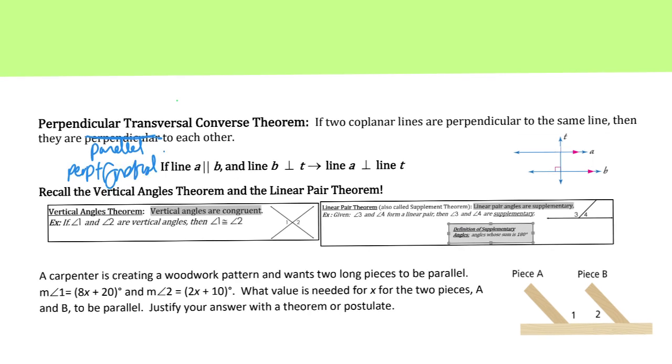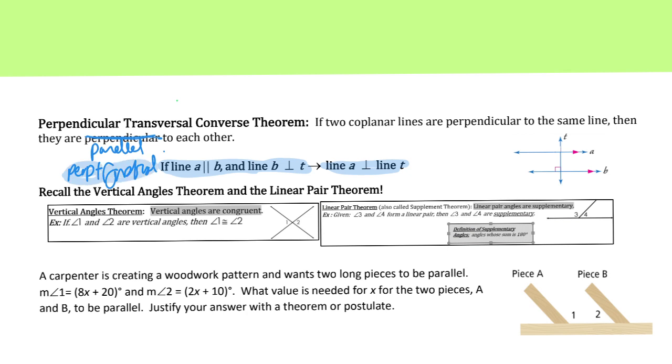The original one, the perpendicular transversal theorem, is the one I have written right here. If A and B are parallel and line B is perpendicular to T, then the other line also has to be perpendicular to line T. That's the original perpendicular transversal theorem.